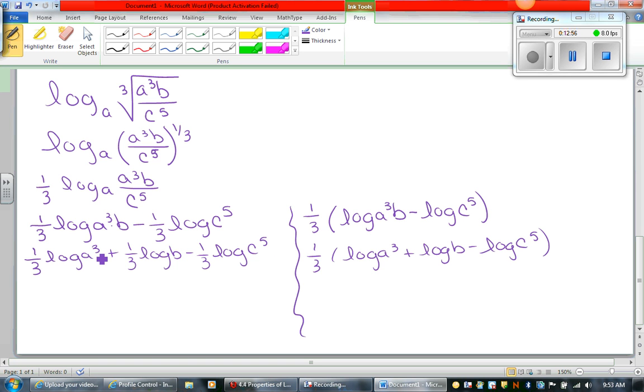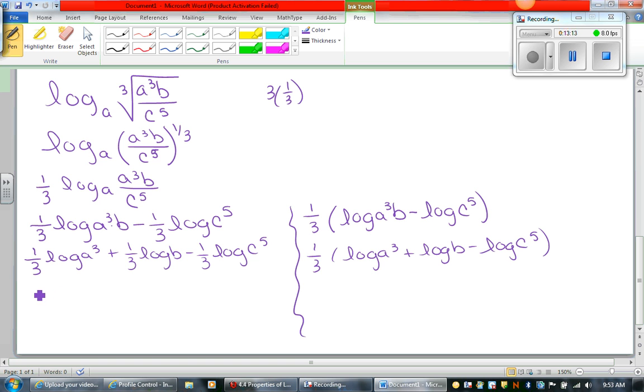So 3, when I move it out front, notice we've got that 1/3 here. So what we need to do, since this becomes multiplication, is multiply 3 and 1/3. 3 times 1/3, we know, is 1.